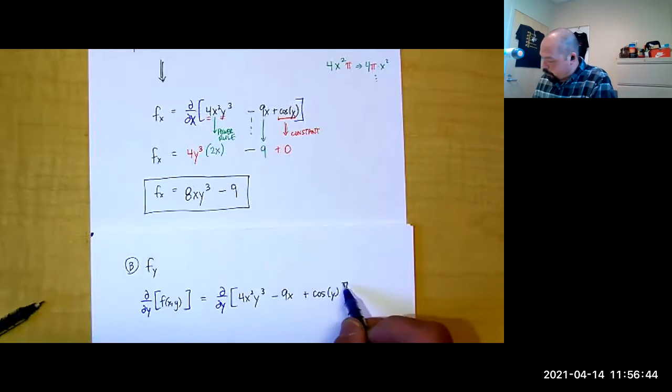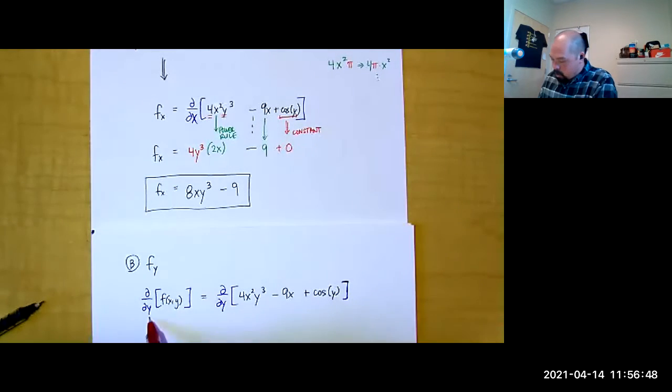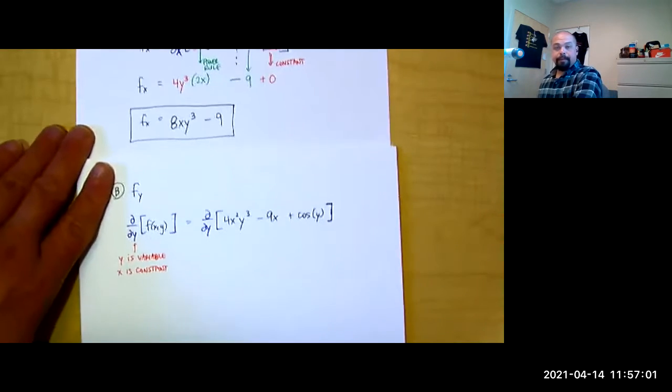Similar to what we saw when we were taking the partial with respect to x. Now, y is the independent variable we're considering. x is going to be a constant, right?